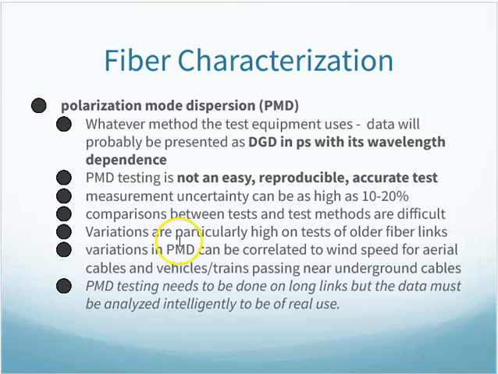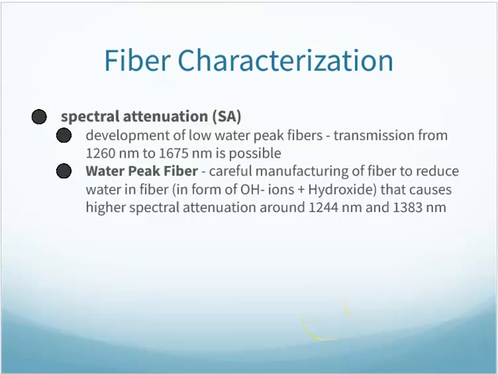They also did notice that variations can be correlated to wind or speed for aerial cables, and even vehicles and trains passing by underground cables can affect this because of pressing on the ground and so forth. So it still needs to be done on these long links, but it needs to be analyzed intelligently by somebody trained to do this, and aware of some of the things that cause or affect it.